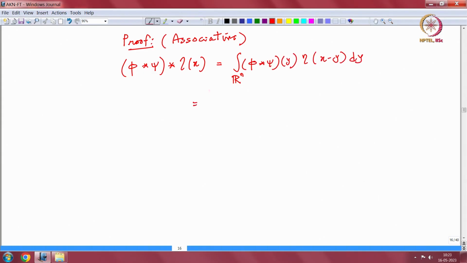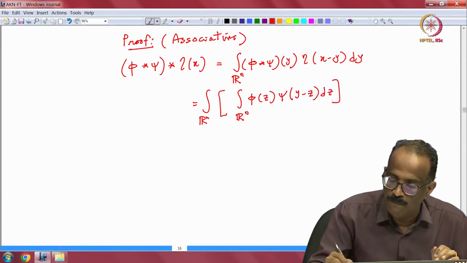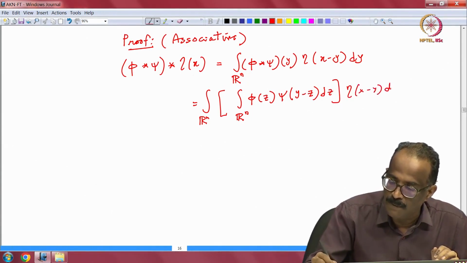Now, you write this as the integral over Rn of phi of z, psi of y minus z dz, times eta of x minus y dy.